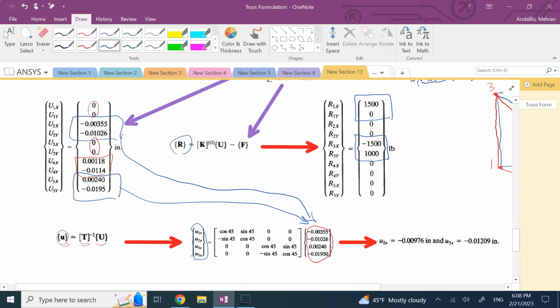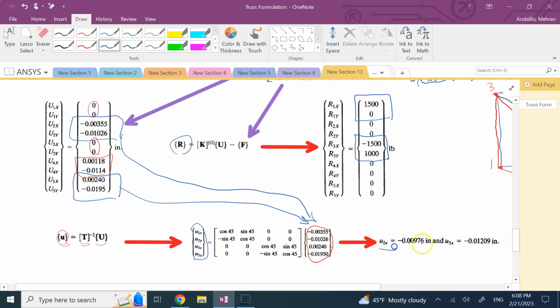And once I have the displacements, I can easily go ahead and calculate the forces in the member, or the strain or stress.